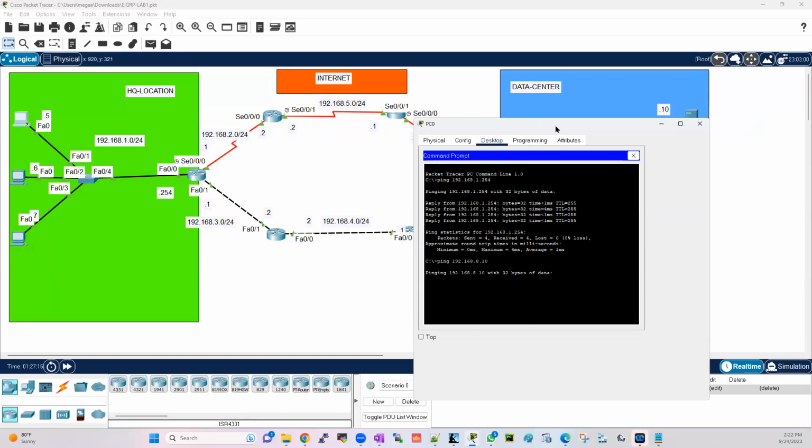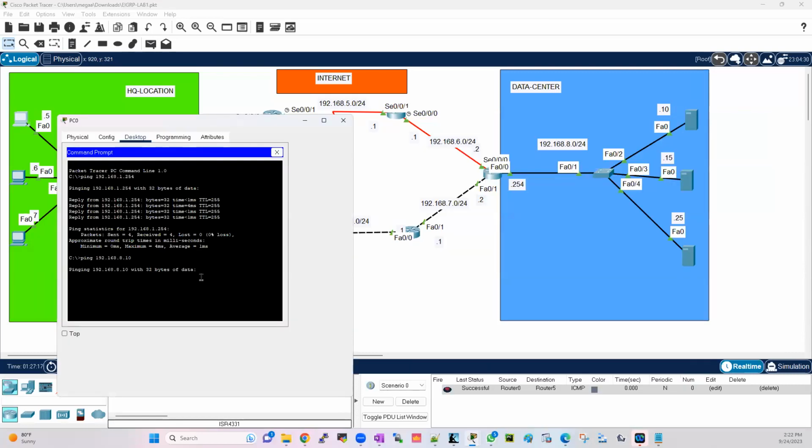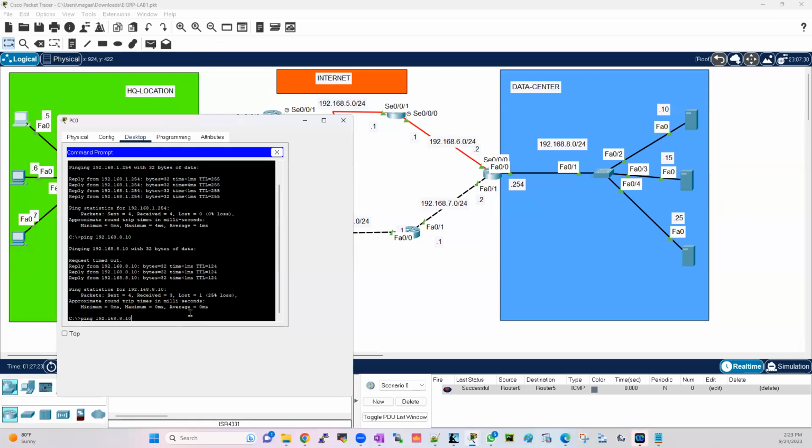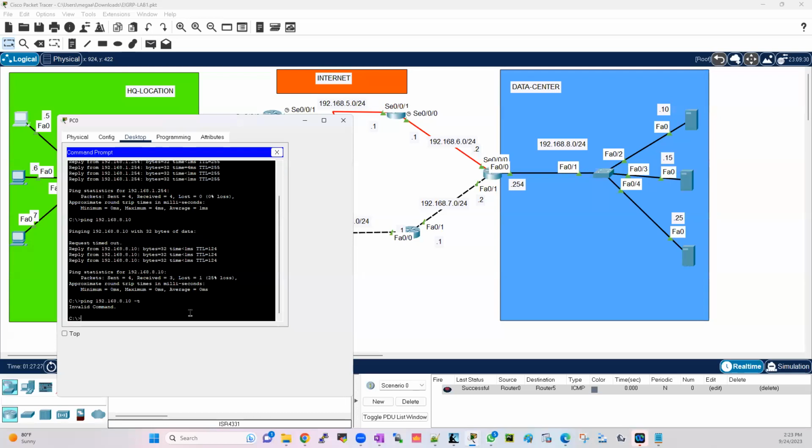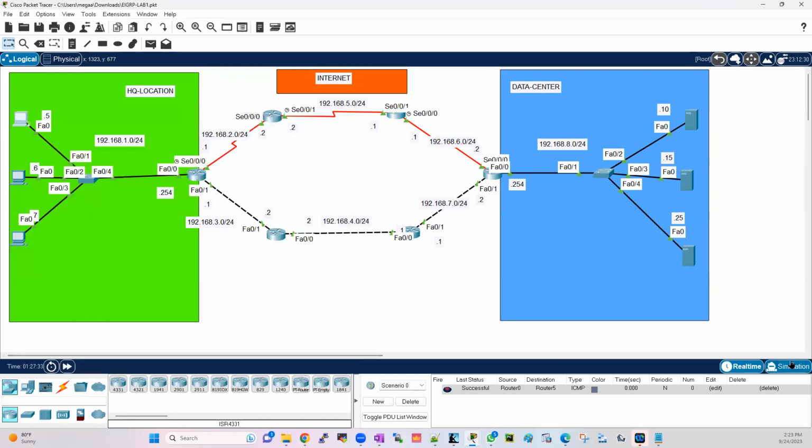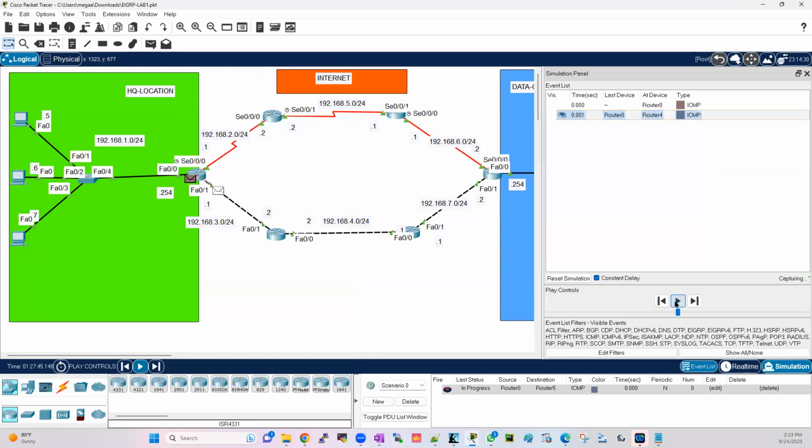Okay, let me try to ping that one. Okay. So now we can ping the server. Let's try if we can do continuous pinging in this. Okay, doesn't take it. Okay, I want to simulate it. I'm pinging from this.